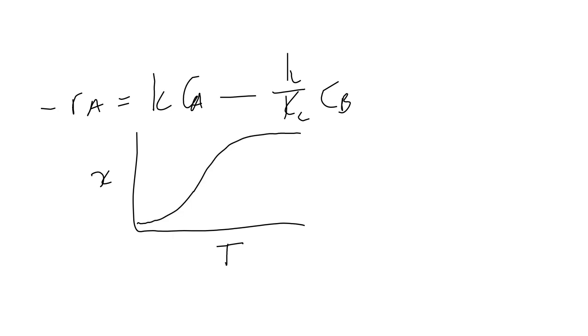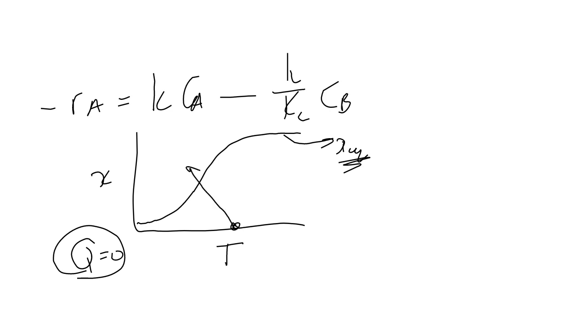This is how the equilibrium line, X equilibrium, looks for the endothermic reaction. The energy balance for adiabatic, so we're busy with adiabatic reactors for now, starts from T naught. So with conversion, the temperature is going to decrease. With a decrease in temperature, this rate constant is going to decrease.